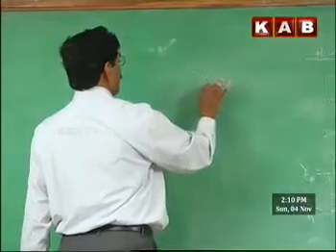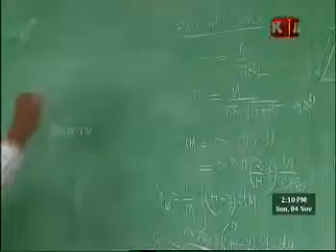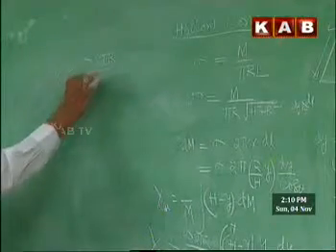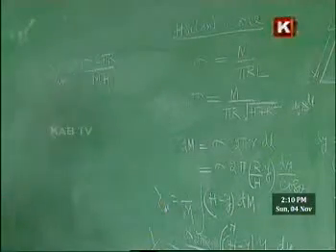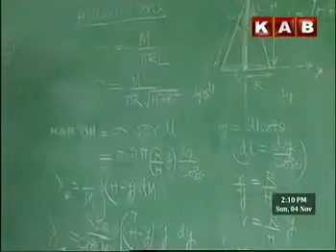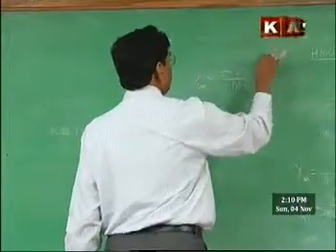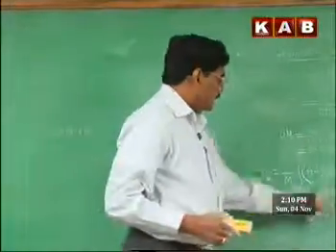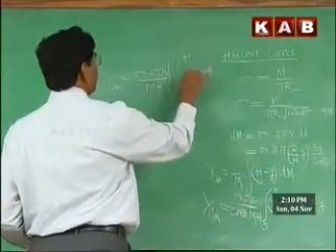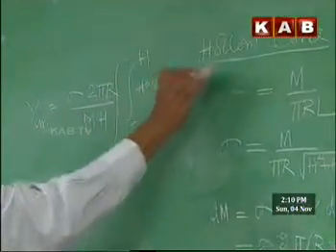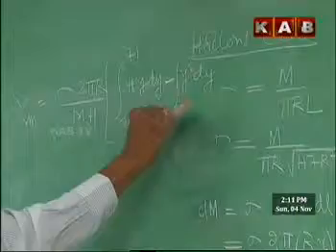Therefore YCM is equal to sigma 2 pi R by mH cos theta, integral h minus y into y dy. After expanding this bracket there are two integrals: h y dy minus y square dy, integral 0 to h.